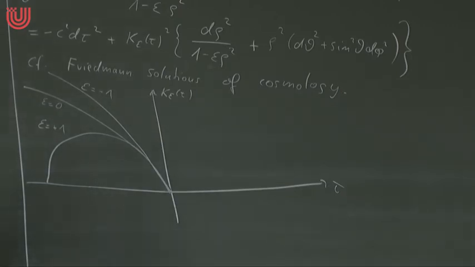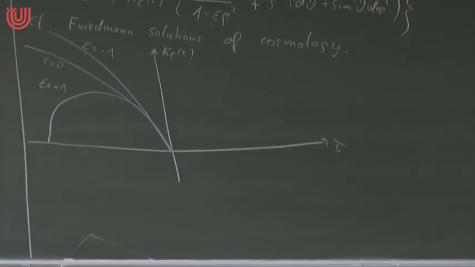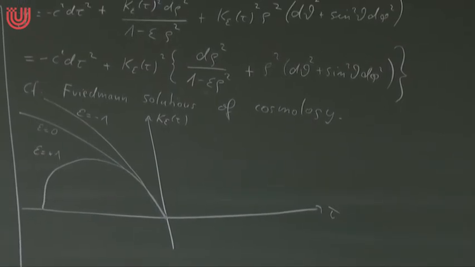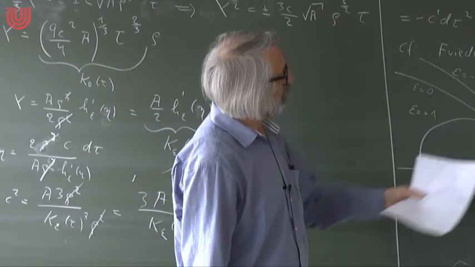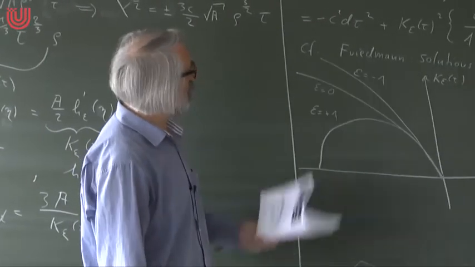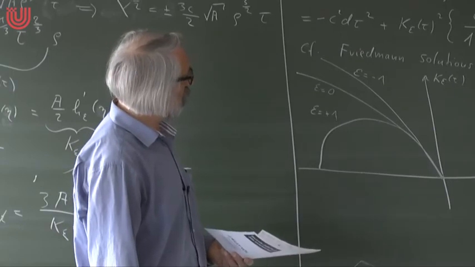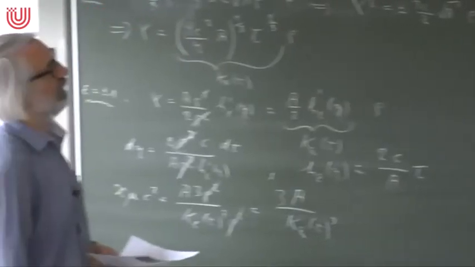So this is the behavior of this function k epsilon of tau. And here you study these functions in cosmology. So you have a universe which has one singularity and in the other direction extends to infinity, and you have a recollapsing universe if you have epsilon equal to plus 1.